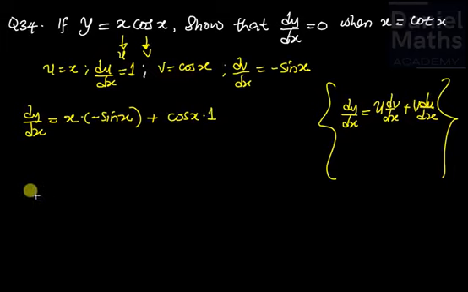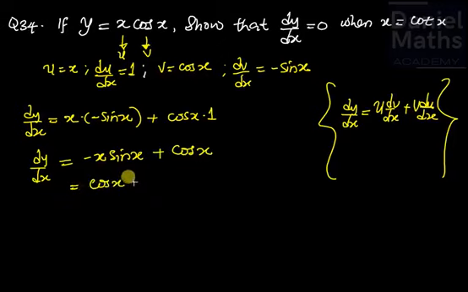So this gives me that dy upon dx is equal to x times minus sine, which gives minus x sine x, plus cos x. This can also be written as cos x minus x sine x.